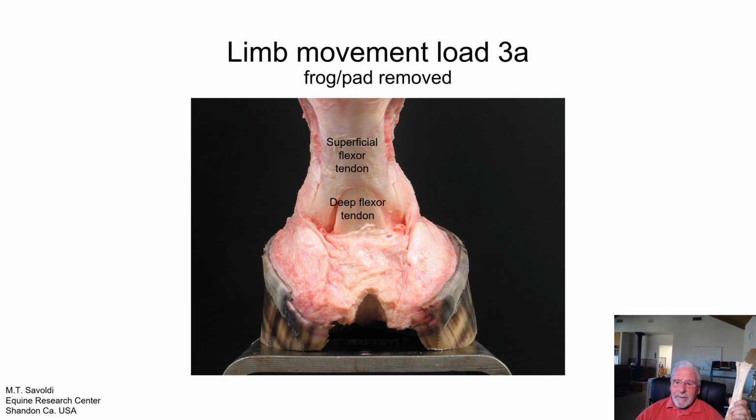The deep flexor to the foot moving in a flexing movement, and then the deep flexor tendon widens and comes down and attaches right here to the semilunar curve or crest of the P3 bone. This is the coffin bone or the P3 bone. This would be your P2 bone, P1 bone.